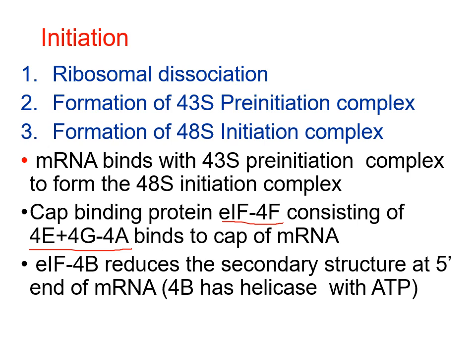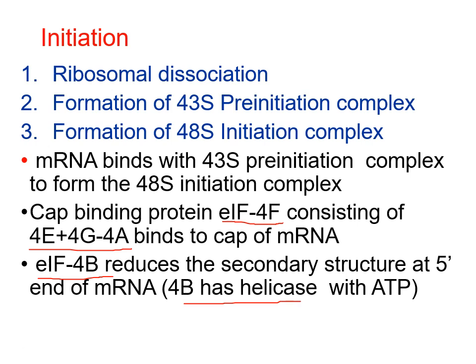Apart from this, another eukaryotic initiation factor, 4B, is also important because this factor reduces the secondary structure, or melts the structure, at the 5' end of the mRNA.